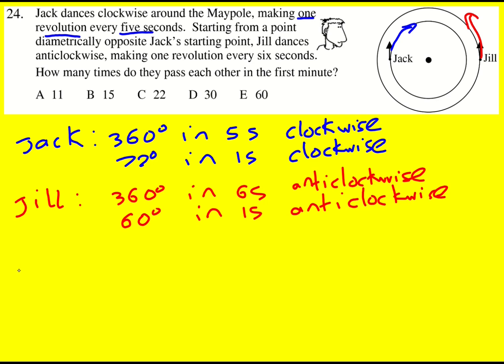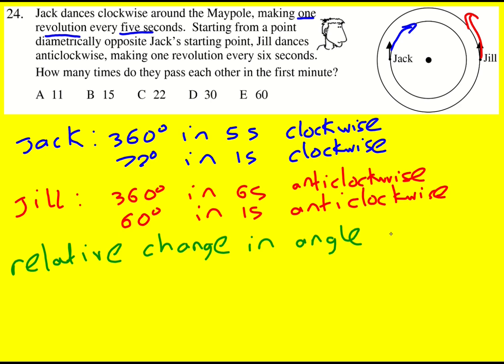And therefore their relative change in angle, or relative speed, I guess, relative change in angle per second is going to be the sum of these two. 60 plus 72, 132.